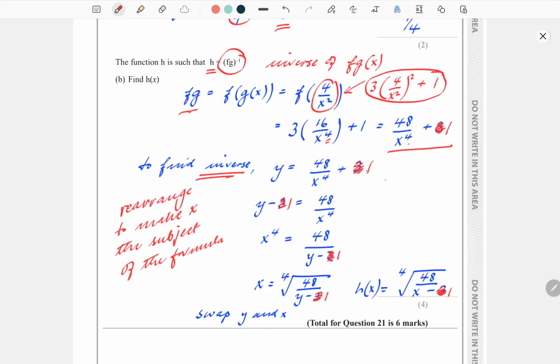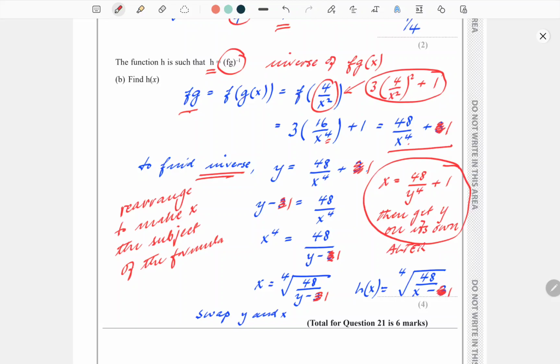So you could start with x equals 48 over y to the power 4 plus 1, and then rearrange to get y on its own. All right. So this is the alternative. You can pick which way you prefer to do that.